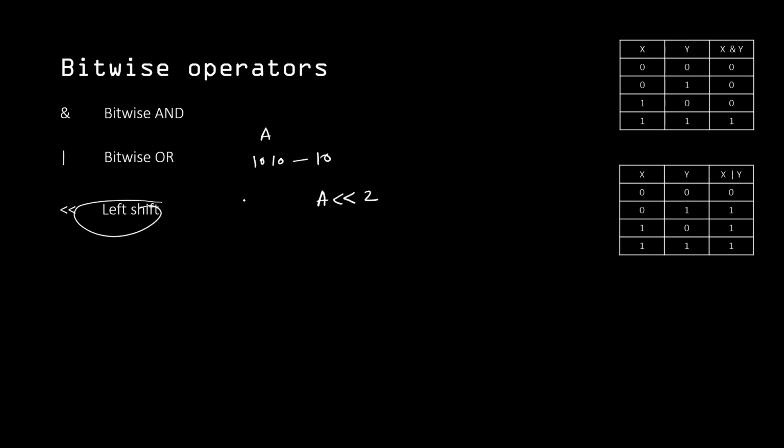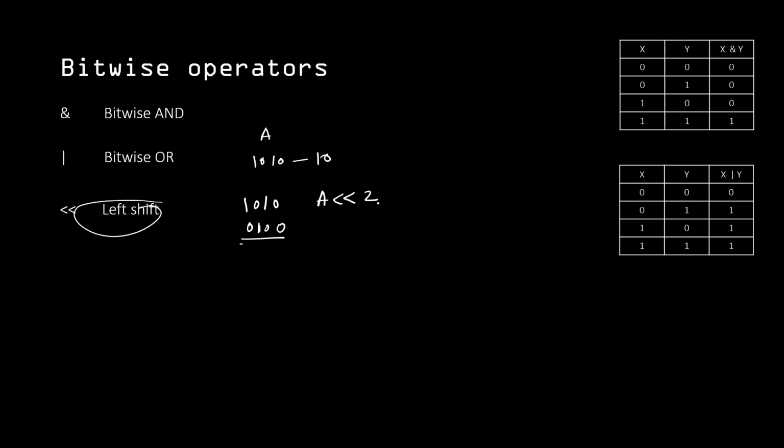In the first case, we have 1010. I'm taking the example of a 4-bit number, but in our programs we are going to use 8-bit or 16-bit manipulation. Now let's understand what happens in the next step if I write this statement. This 0 will be shifted here, this 1 will be shifted here, and this 0 will be shifted here, and in the empty space I get another 0 to fill that place. So this is our number after the first shift.